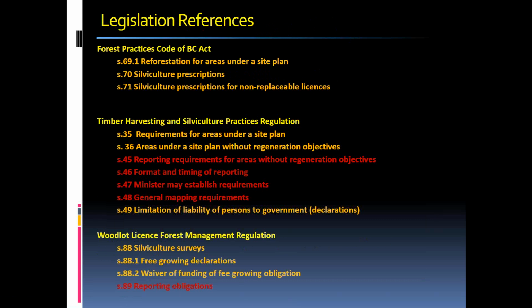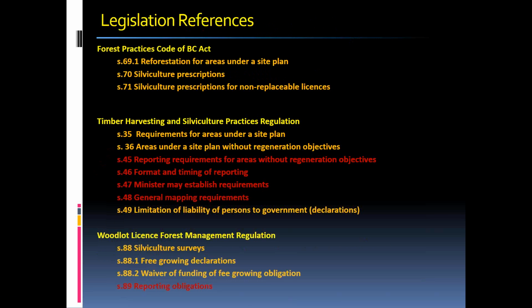So when we start looking at the content requirements of Results, you'll see how the legislation ripples into what Results is to collect to meet that requirement of the legislation. We also have, under the timber harvesting and silviculture practice regulation, the content requirements of the site plan.